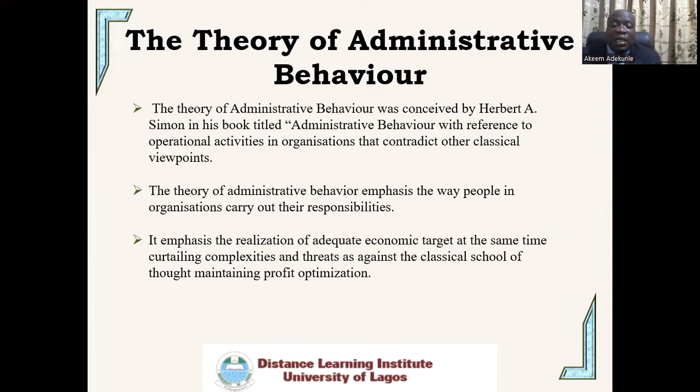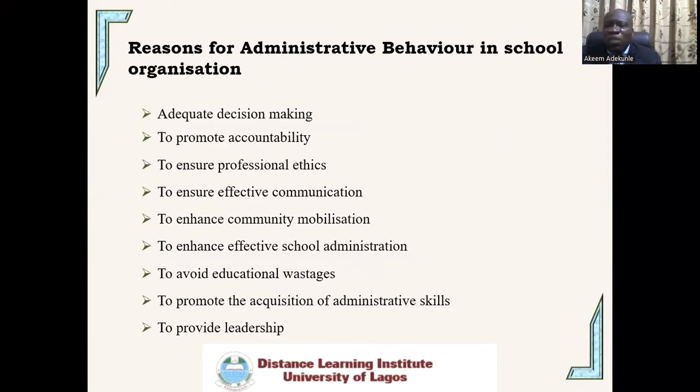And it actually emphasizes the realization of adequate economic targets, at the same time curtailing complexities and threats, as against the classical school of thought, maintaining profit optimization. And in a nutshell, the theory of administrative behavior is telling us how administrators ought to behave towards goal accomplishment in an organization.